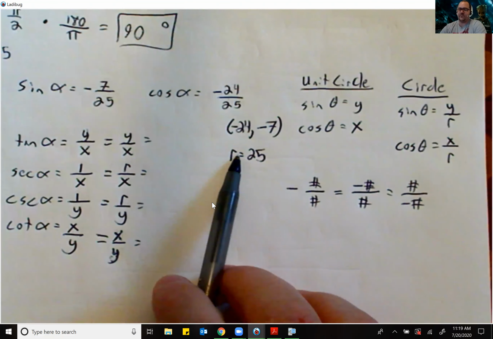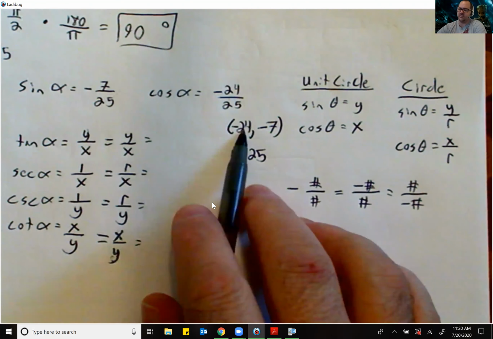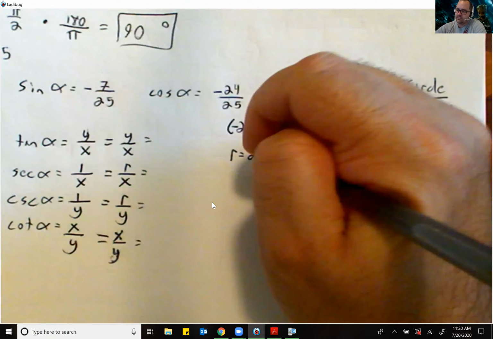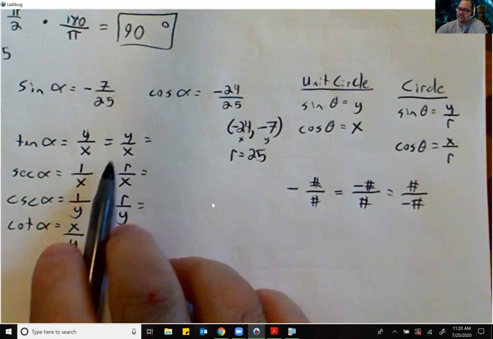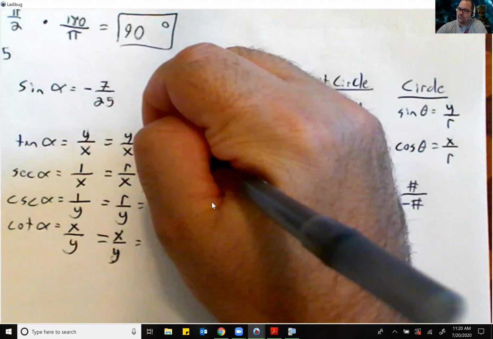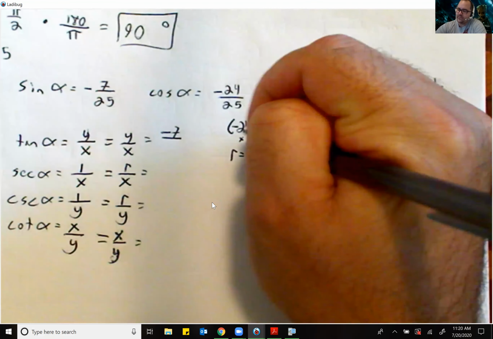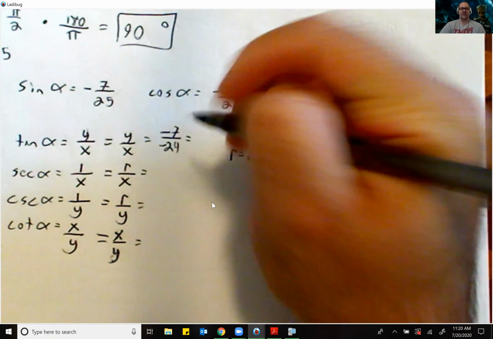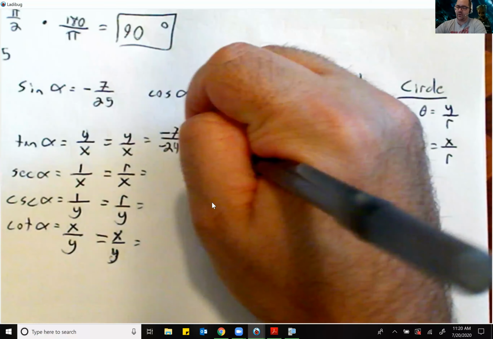So then all we do is we fill in the rest. Okay, so this is the x, this is the y. And when we fill in, we get -7 over -24, which becomes 7 over 24.